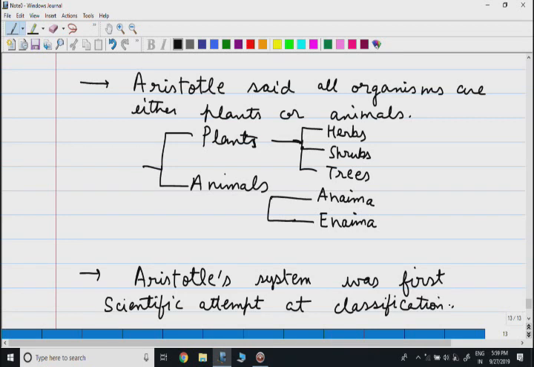After Aristotle came Linnaeus, who gave two-kingdom system of classification. Then came Haeckel, Copeland, and the final system of classification is Whittaker's system, five-kingdom system of classification.